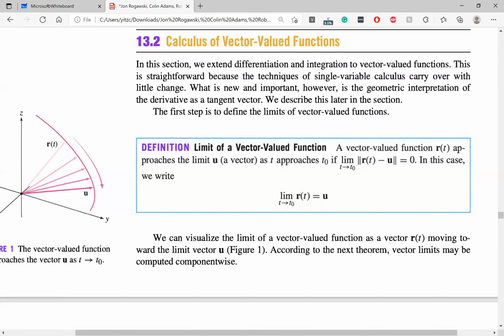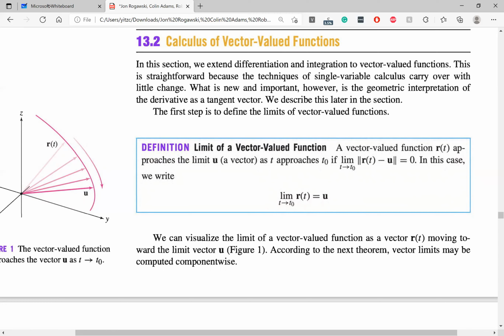So now that we have curves in 3 dimensions, we can start doing some calculus on these curves. And the first notion that we need before we start doing calculus in general is that of a limit.